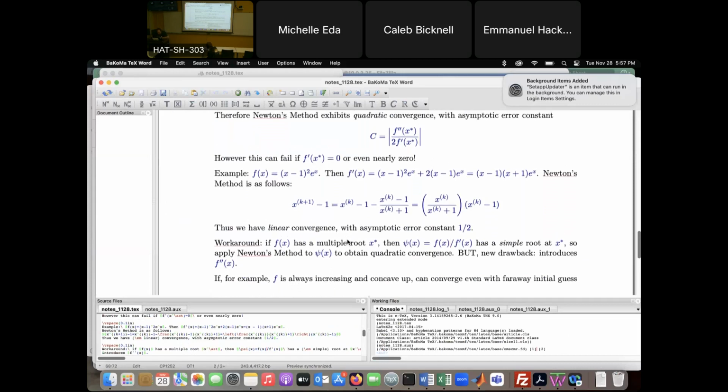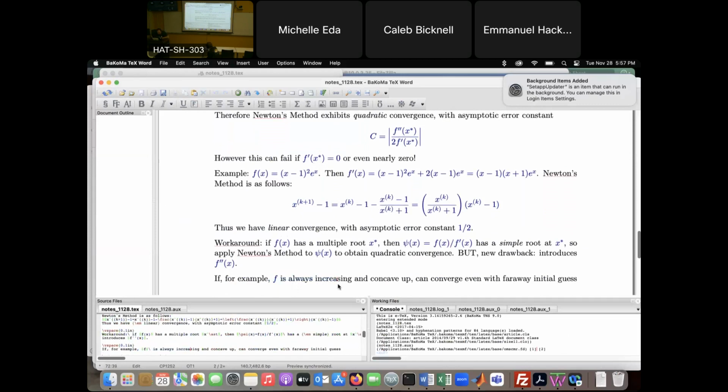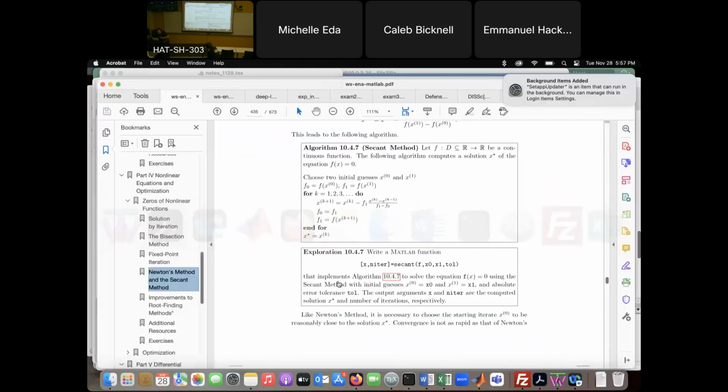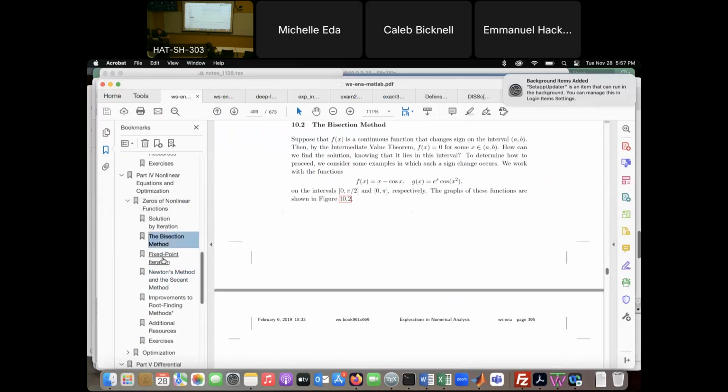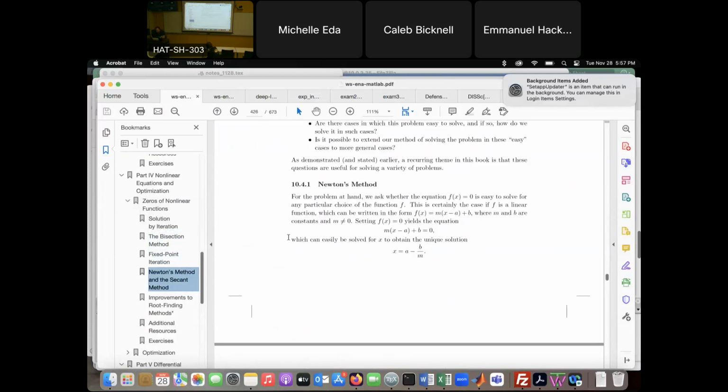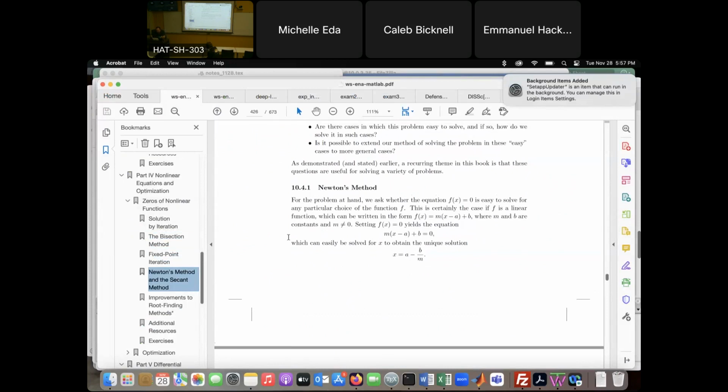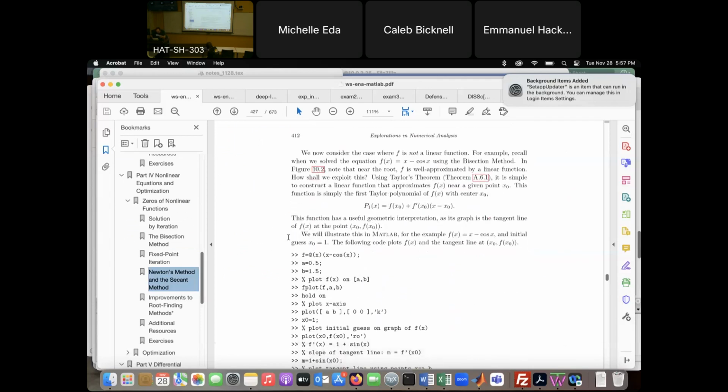Actually, I should mention, regarding this example here, you actually saw an example of Newton's method in homework 1, Newton's square root dot m. That code computed the square root of 2 by using Newton's method to find a root of the function x squared minus 2.